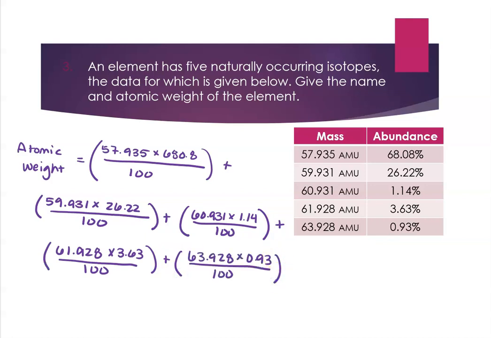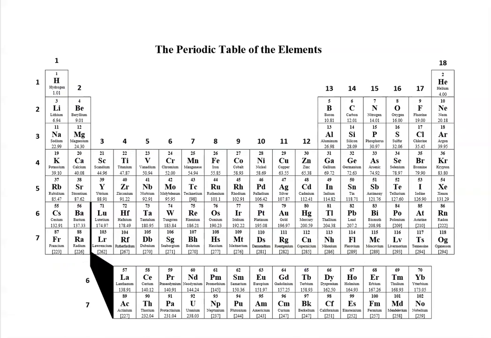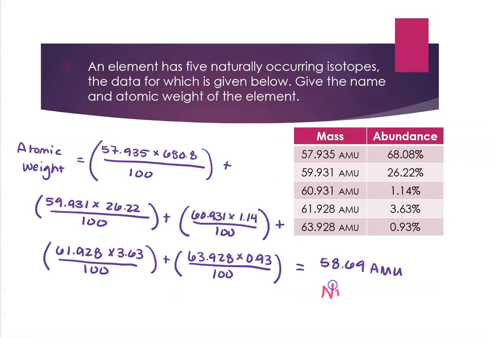Again, I plug all of that into my calculator, and the answer that I get here is 58.69 AMU. Let's go to our periodic table, and 58.69 is exactly nickel. 58.93 is close, but 58.69 is right on the target, so that is going to be our element. So Ni is nickel.